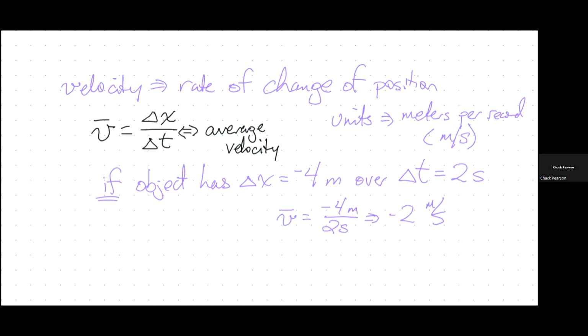We want to talk about very distinct velocities at very specific moments in time. And that's where the calculus comes in and reduces these extended deltas down to differential values.